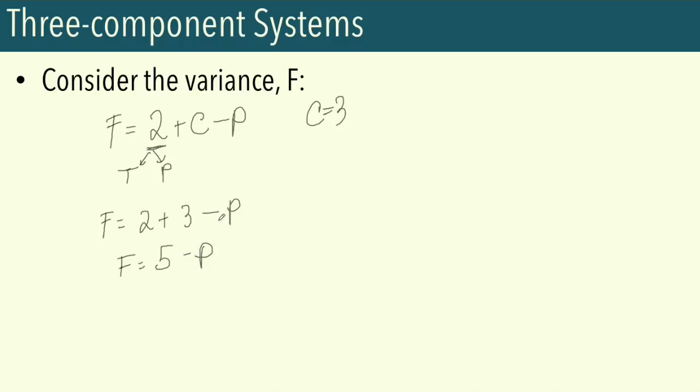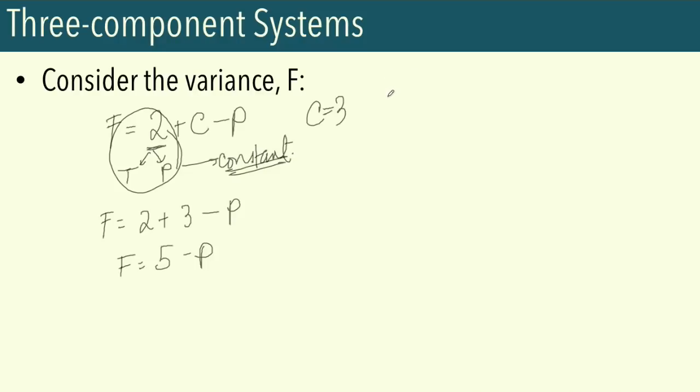When we're considering three-component systems, in order to reduce the number of variables to investigate in our phase diagrams, we're just going to keep these two variables constant. So for our three-component system diagrams, we'll be considering a case in which we have constant temperature and constant pressure.